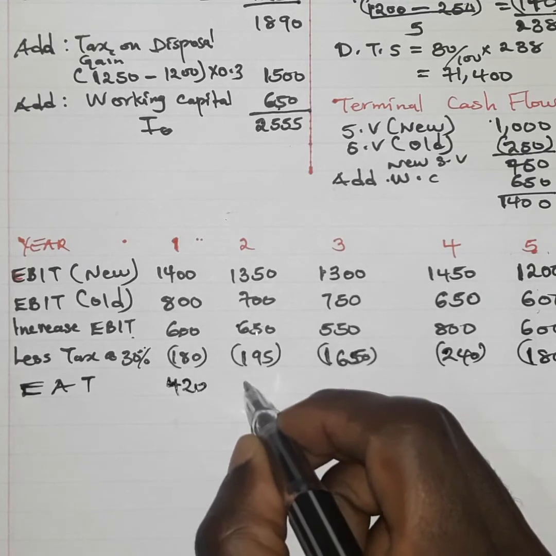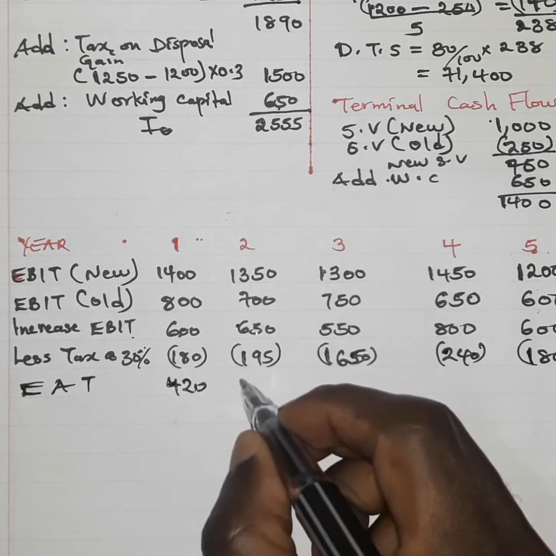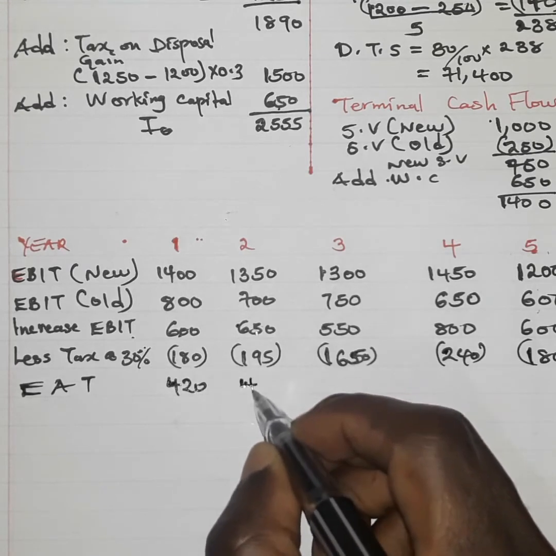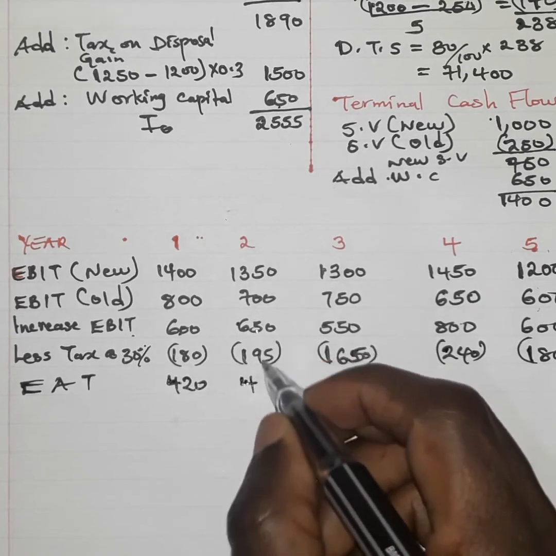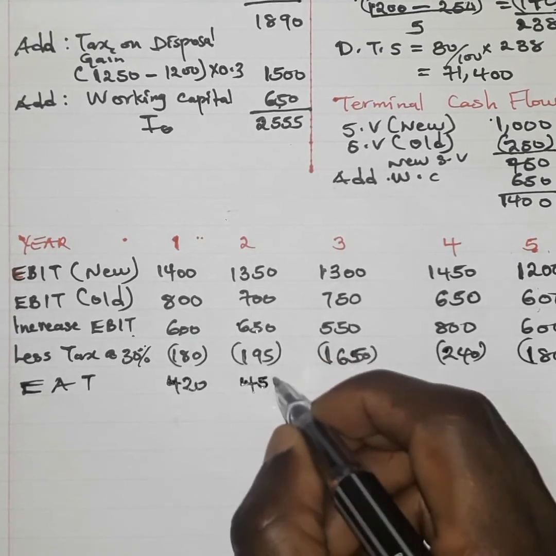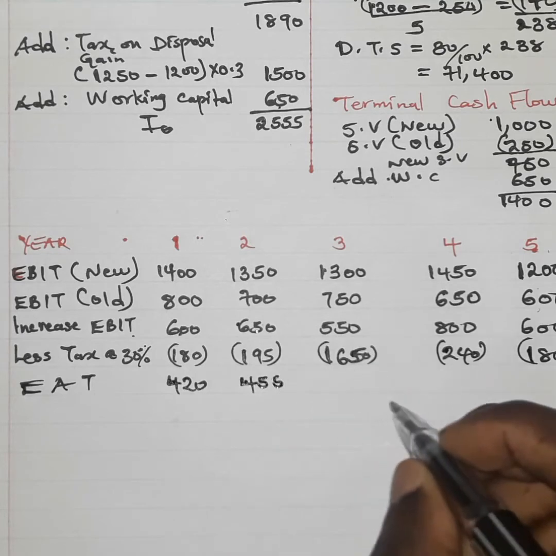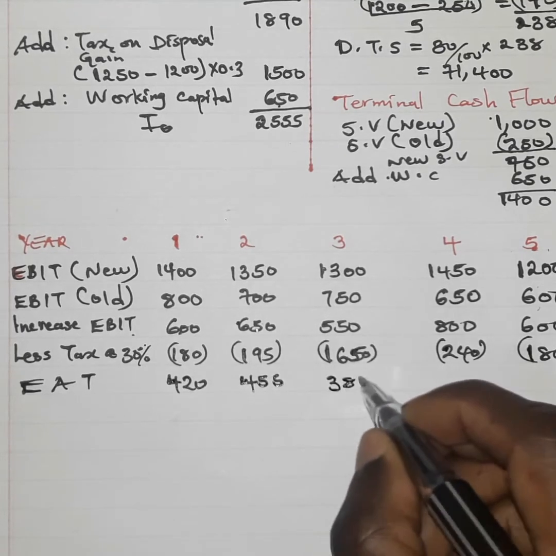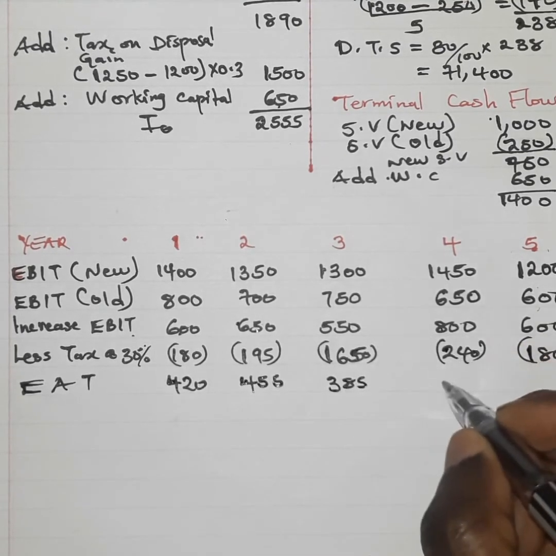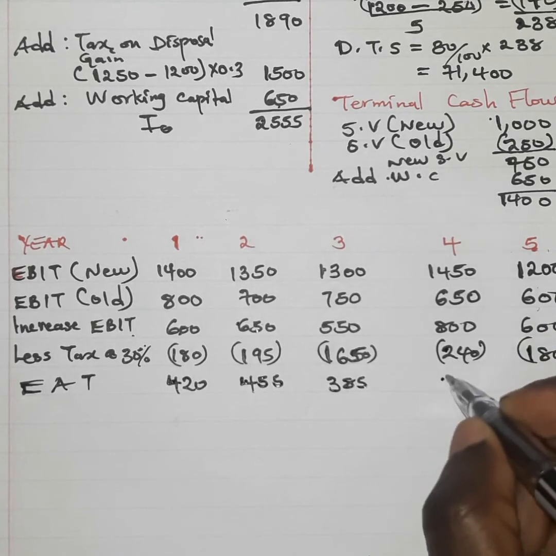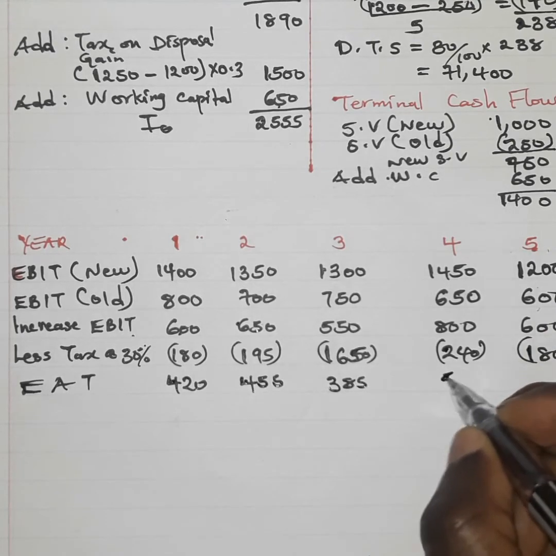Here we have the earnings as, and it's actually supposed to be 455. Then we have 385, and we subtract these two, we get an amount of 560.